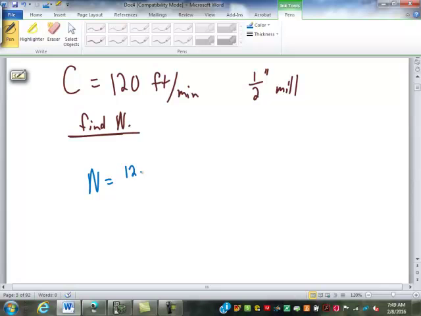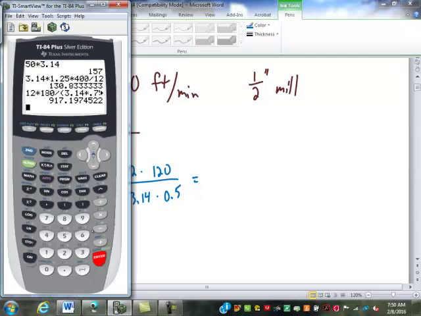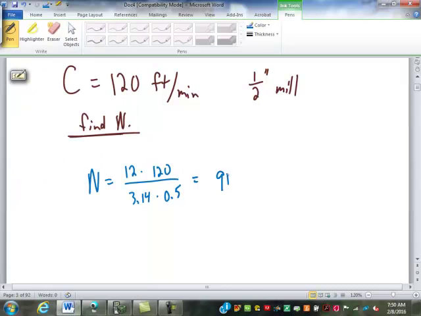So N equals 12 times 120, right? Divided by 3.14 times 0.5. So 12 times 120 divided by, make sure I put in my parentheses, 3.14 times 0.5. 917, yeah.